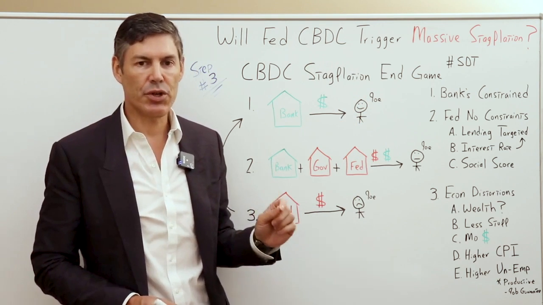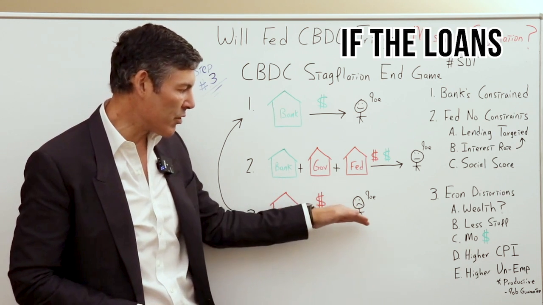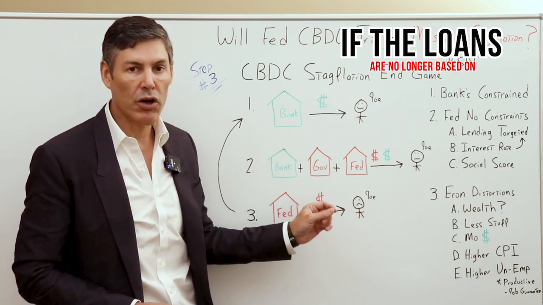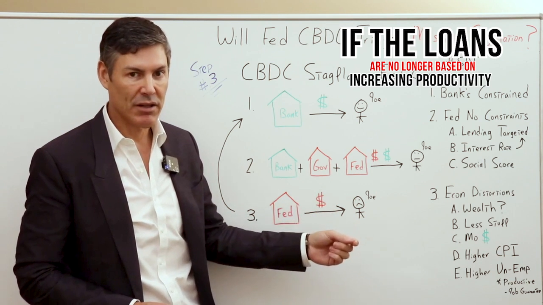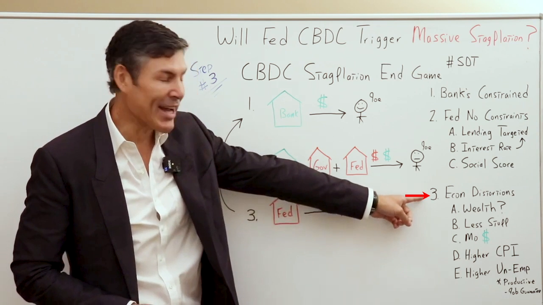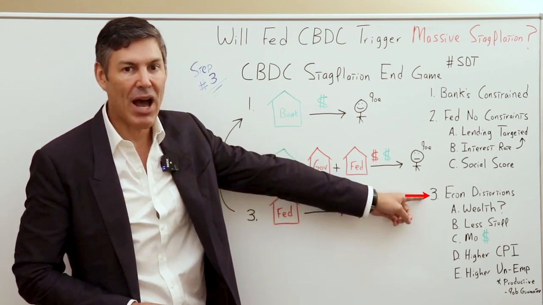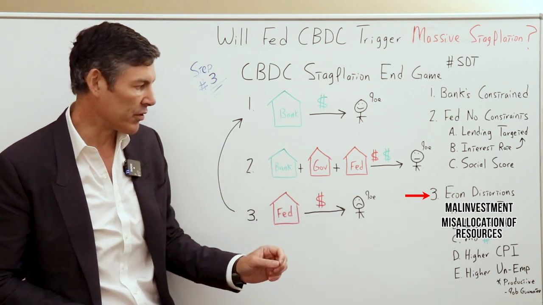Now, how does this apply to stagflation specifically? Well, let's think this through. If the loans that are being created and going out into the real economy are no longer based on increasing productivity, like they should be by the banking system, we're going to have huge economic distortions, malinvestment, and misallocations of resources.